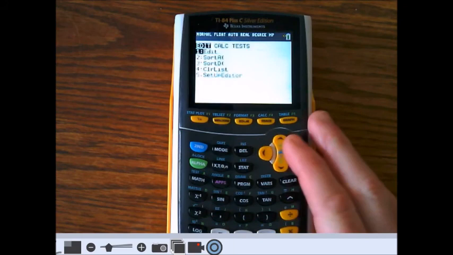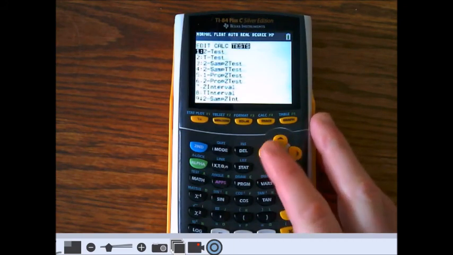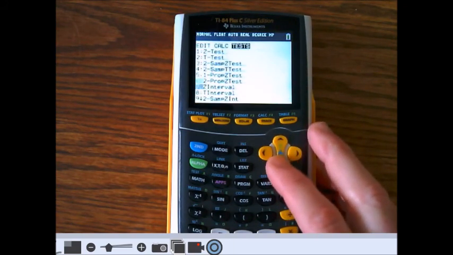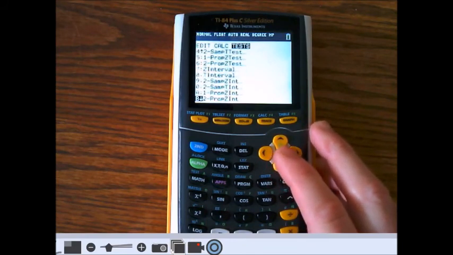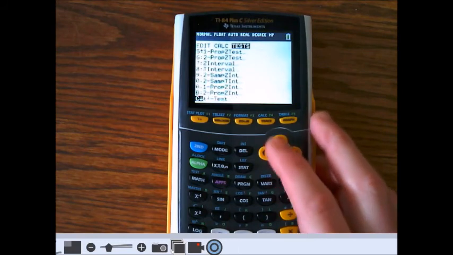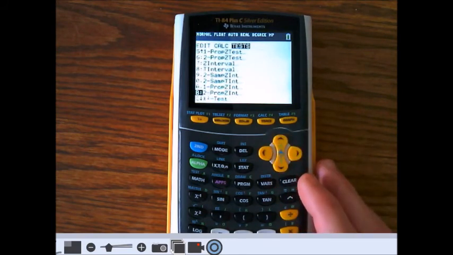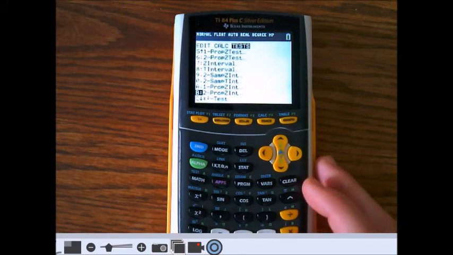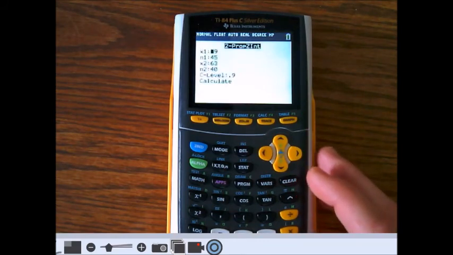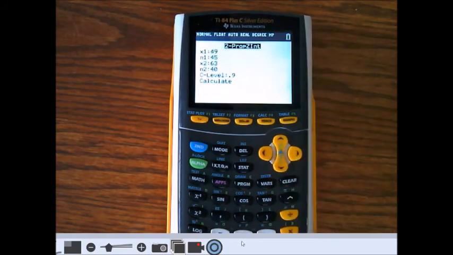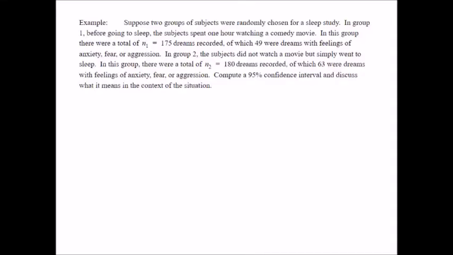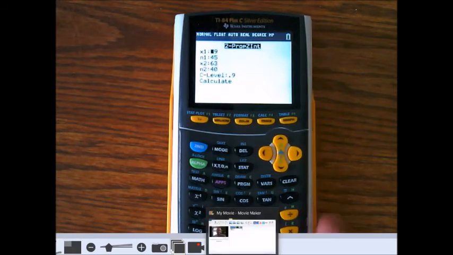So if that's the case, then we're going to go to Stat, Tests, and we have a two proportion Z interval. So that's choice B, two proportion Z interval. And so it's going to ask us, okay, what's X1? So that's the people who had bad dreams, 49 out of 175.